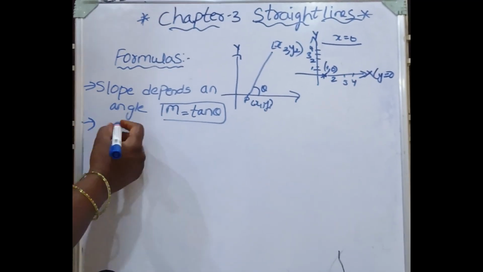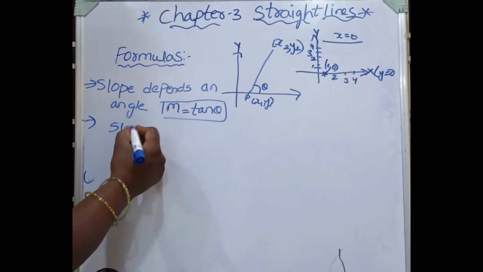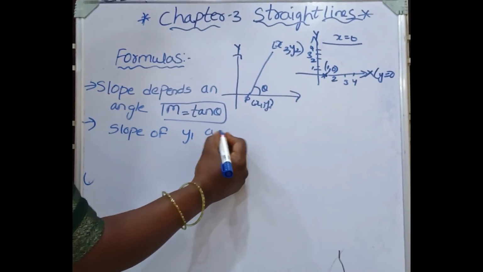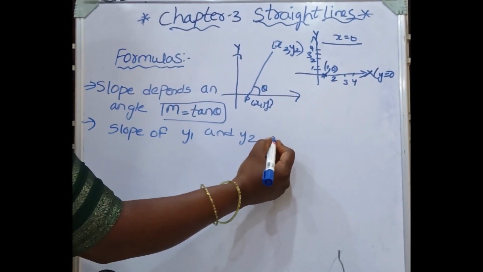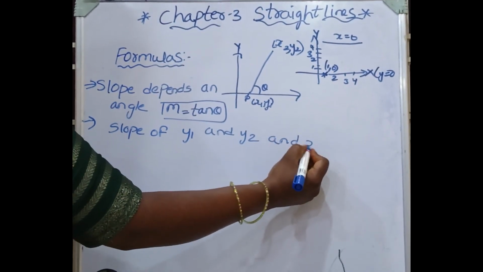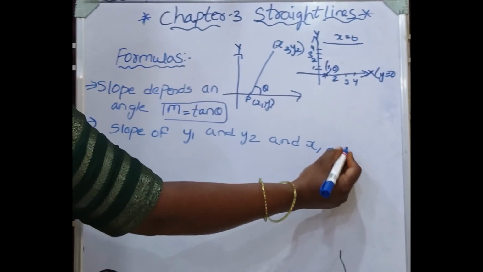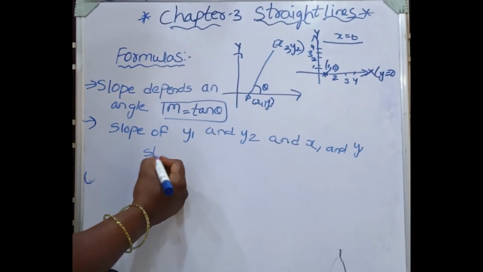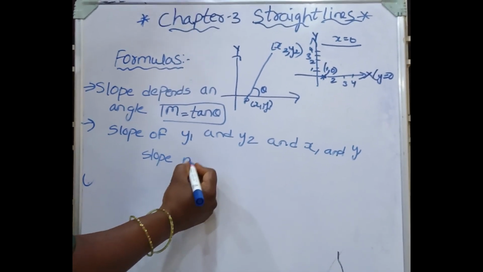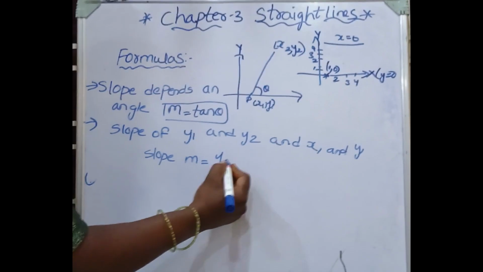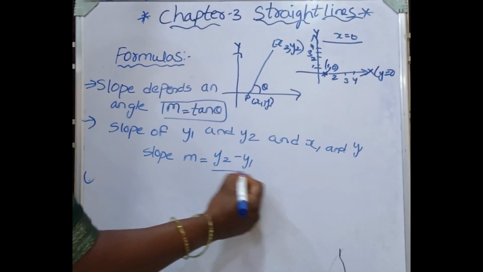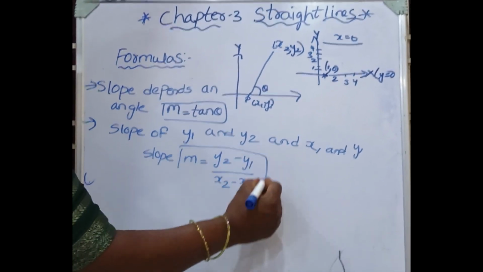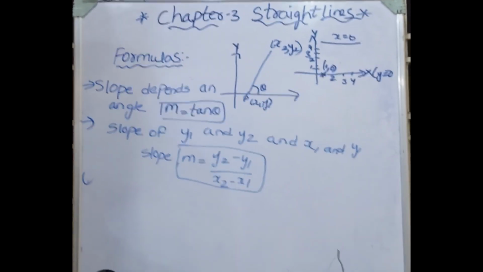Next, the slope using y1, y2 and x1, x2: the slope formula is m equal to y2 minus y1 by x2 minus x1. This is the formula when the points are given.